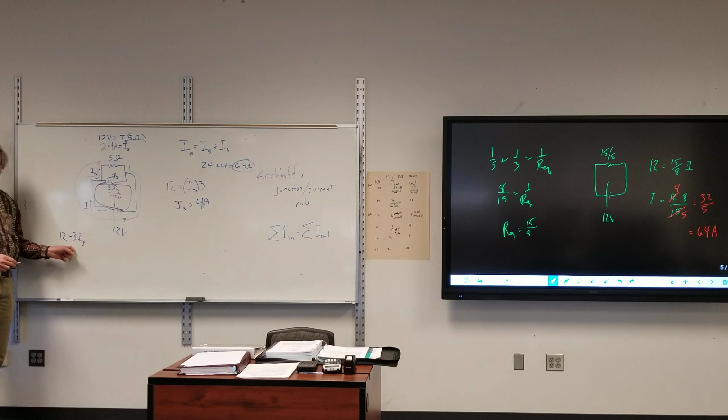So plus 3I3 equals 0. That's starting here, working around my loop like that. Kirchhoff's voltage loop rule works for any loop, just as long as I end up back where I started. And you could, I don't know why you do it, but you could start here, do a little figure 8, kind of cruise around a few times here, keep working your way back, just so long as you end up back where you started.